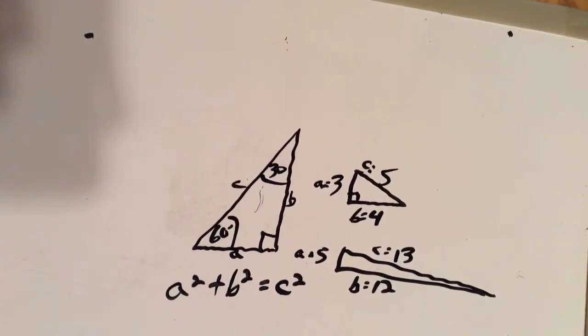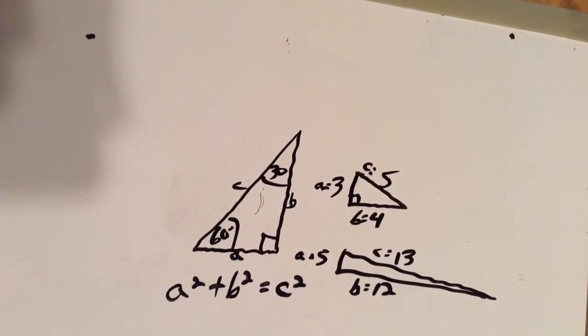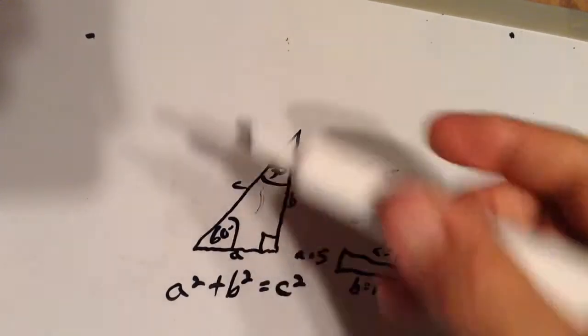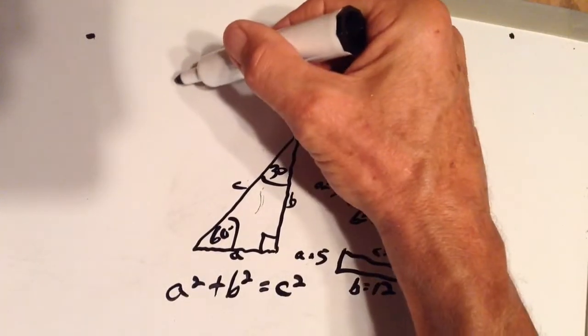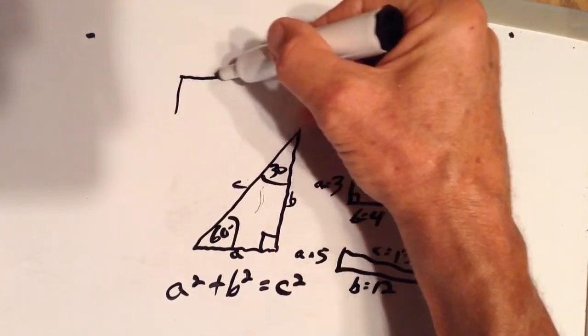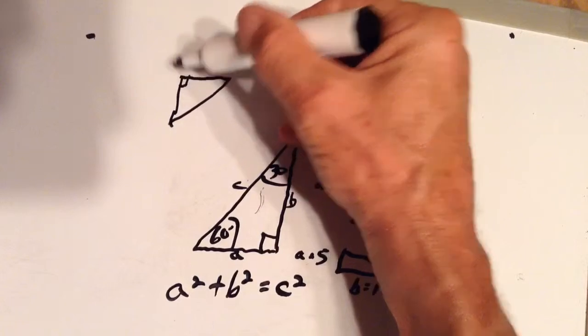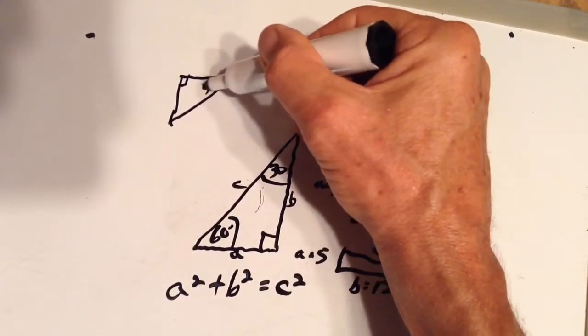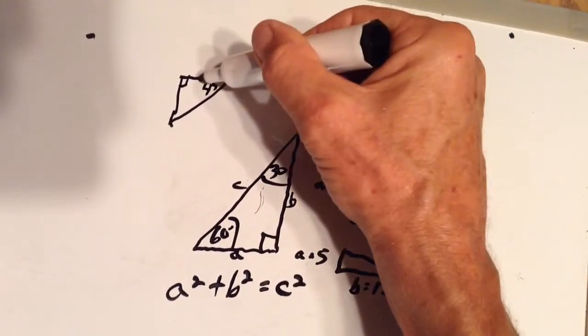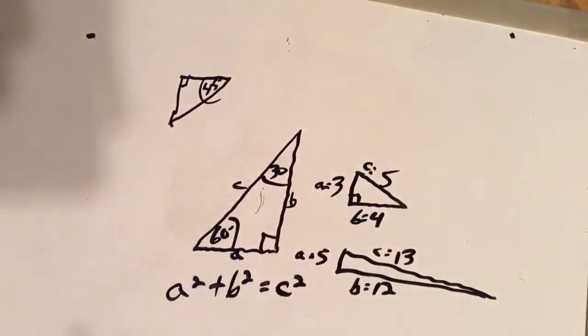If we have a 45-degree right triangle, I'll draw one up here. There's our right angle. This is 45 degrees there.